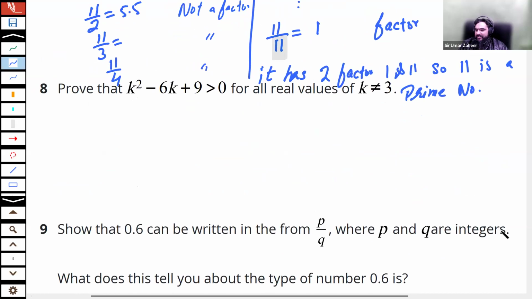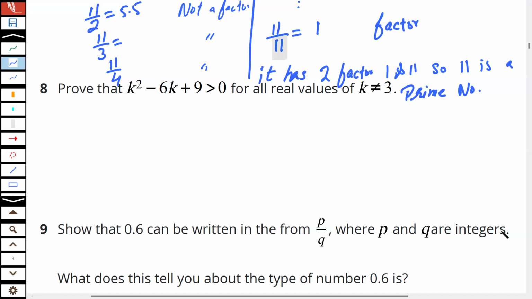Next, he says prove that k squared minus 6k plus 9 is greater than 0 for all real values. Okay, we need to be sure of it. Which method will we use? Anyone? How can you prove that this value is greater than 0?